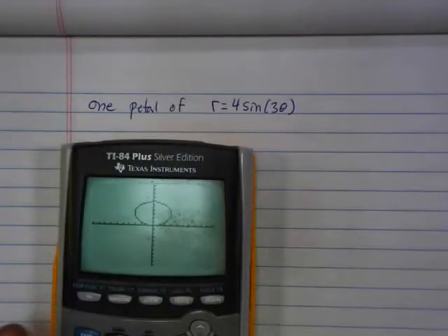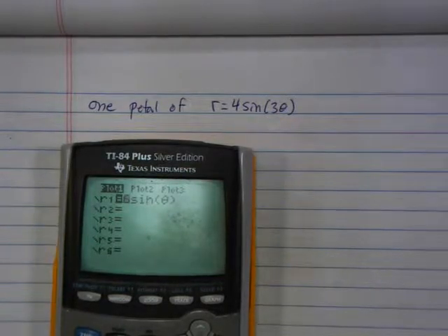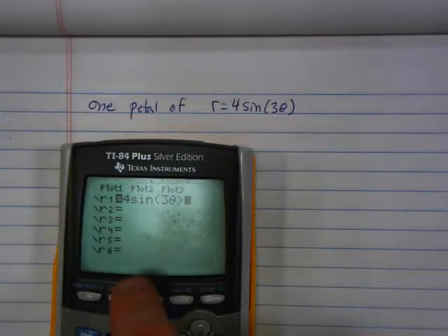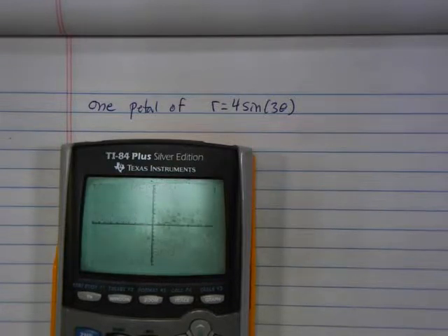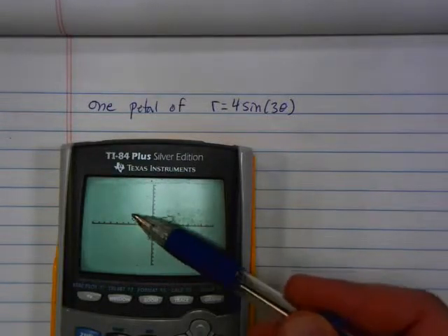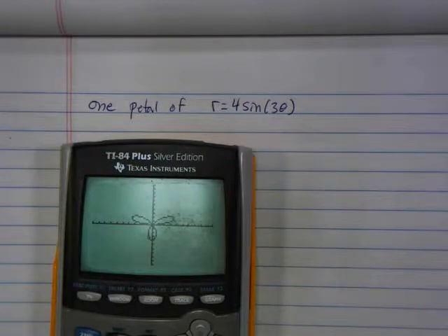Again, I like to draw a picture. Y equals 4 sine 3 theta, and I'm going to go back to zoom 6. It will start by going from 0 to 2 pi. So I want one petal. Does it matter which one I pick? No, not at all.